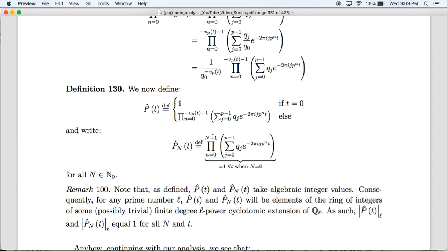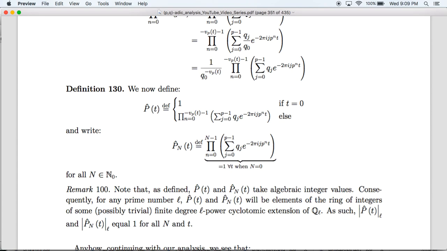Again, note that just as for future stuff, going back to the stuff we talked about in episode 6, this is a p-power root of unity, and the qj's are rational, which means that the p hat is taking values in a p-power cyclotomic field, and so in particular we can then embed that either into ql for some prime l or into some cyclotomic extension of ql, and this shouldn't be an l power, this should be a p power.